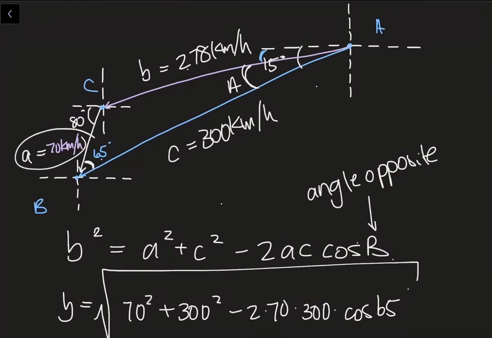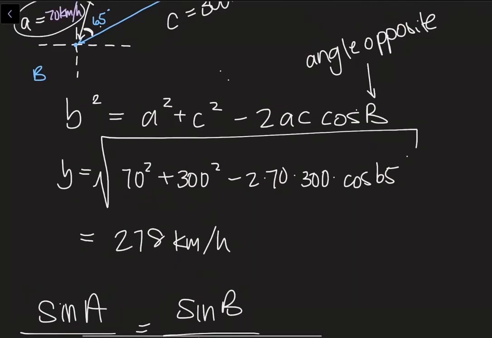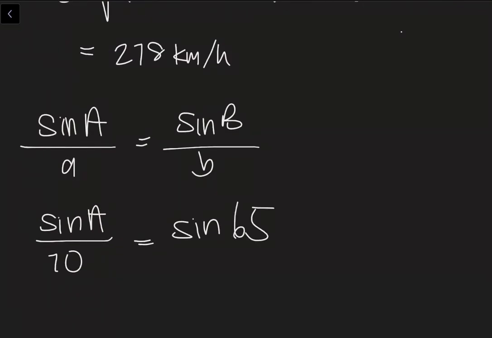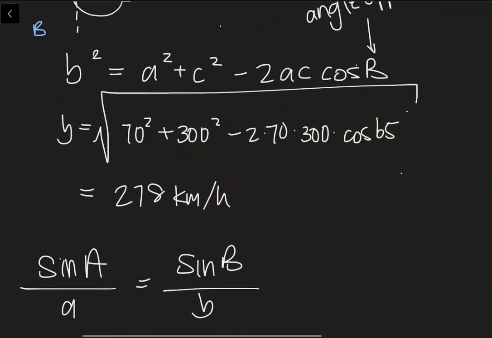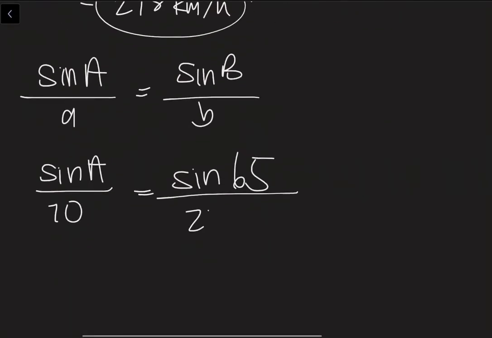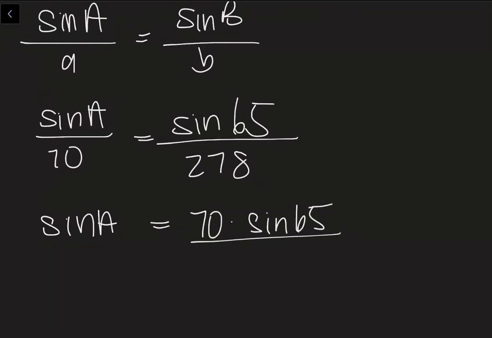A equals 70 kilometers per hour, so sine A divided by 70 equals sine B, which is the angle that we have here, 65 degrees, sine 65 divided by side B, which is across from it, and we just solved for side B, right? That's 278.